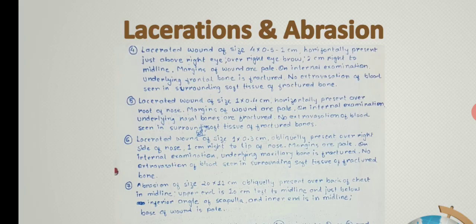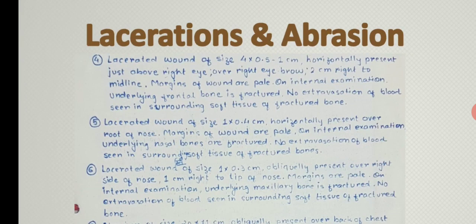Okay. So if you want to describe a lacerated wound, then see number 4: the lacerated wound of size 4 by 0.5 centimeter to 1 centimeter. Then the direction, that is horizontal, present just above the right eye, over the right eyebrow, 2 centimeter right to the midline. Then you have to describe the margin, because this is a lacerated wound.